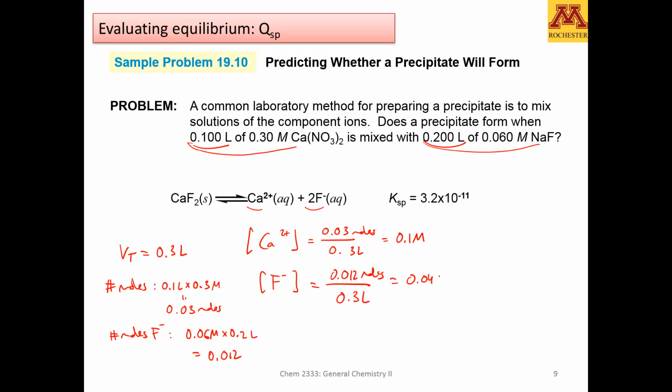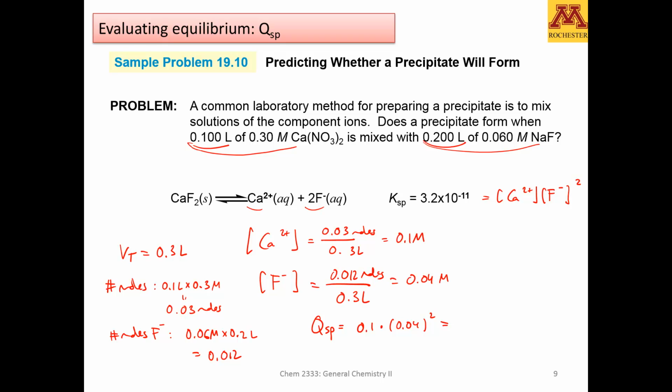The question is, will there be a precipitate forming with these concentrations? Well, the QSP, which has the same expression as the KSP, is concentration of calcium times concentration of fluoride squared. Concentration of calcium is 0.1 times concentration of fluoride squared.